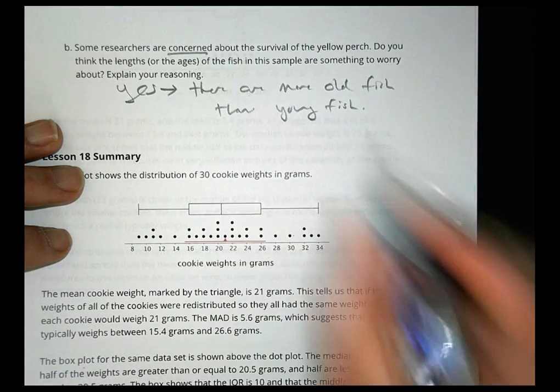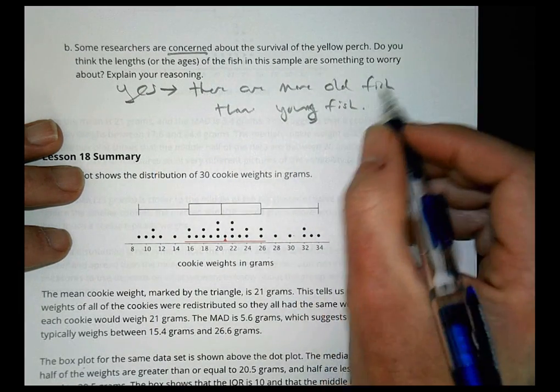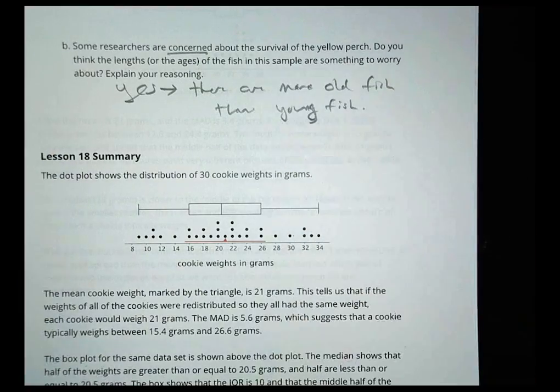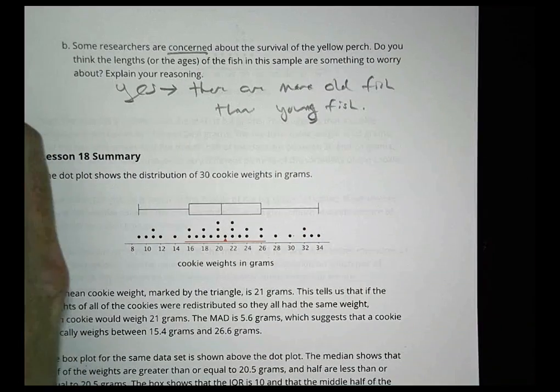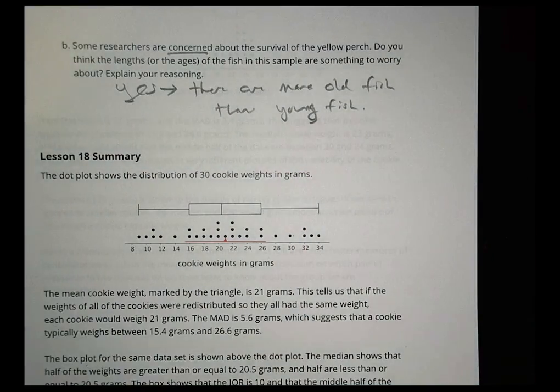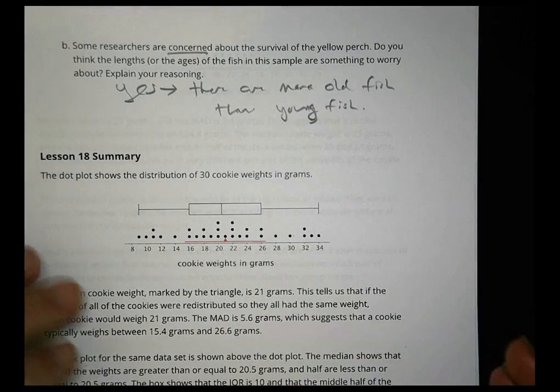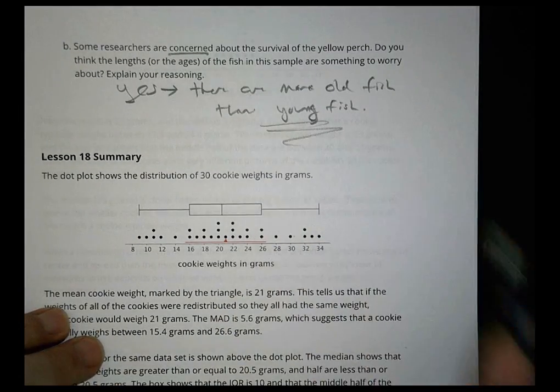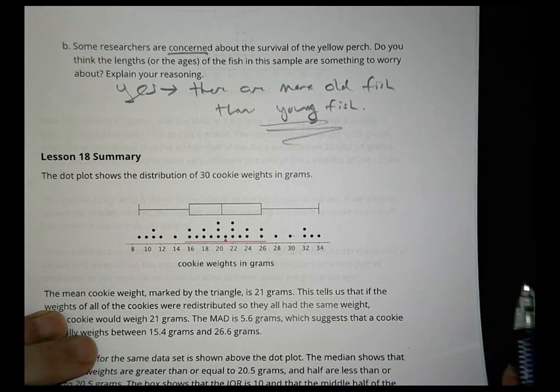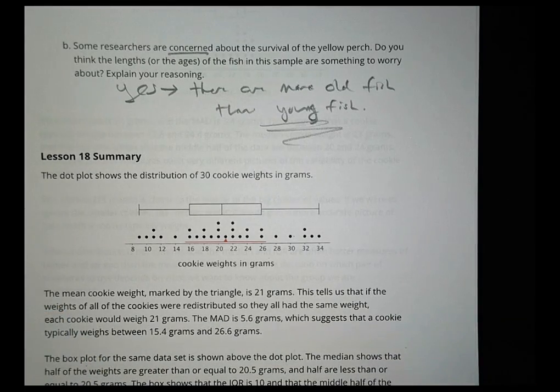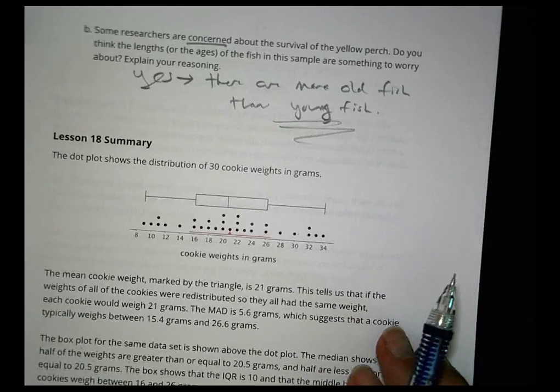Why are there so many more old fish? That would be something a researcher might be concerned about, because overall you want to make sure those populations are increasing, and this shows that the young fish are not increasing at the same rate as the old fish. So why is that? That's another question for them to figure out. Okay, we're going to pause there, let you work on your homework. We'll come back and check it together in just a few minutes.